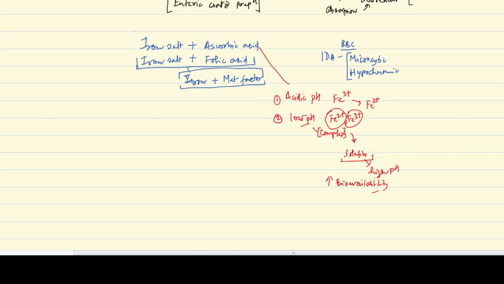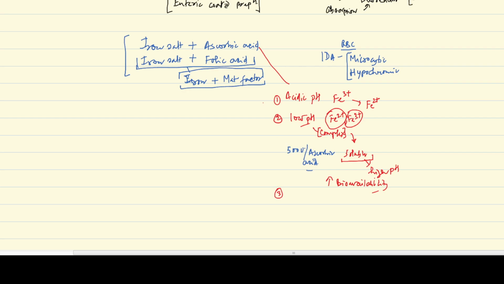So, is there any clinical application? Certainly, yes. The iron salts could be administered along with maybe 500 units of ascorbic acid, so that we can increase the bioavailability. And so that's the reason for the combinations. So we've got a combination with ascorbic acid and a combination with folic acid. There is a third reason as well.